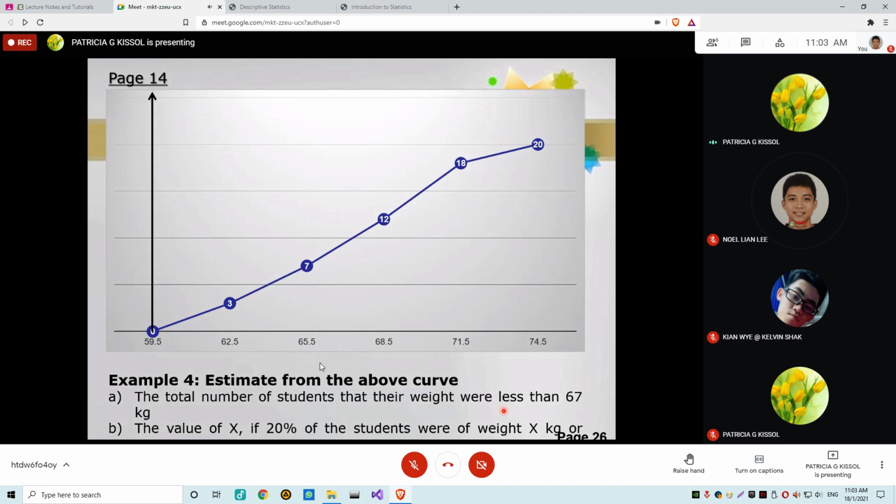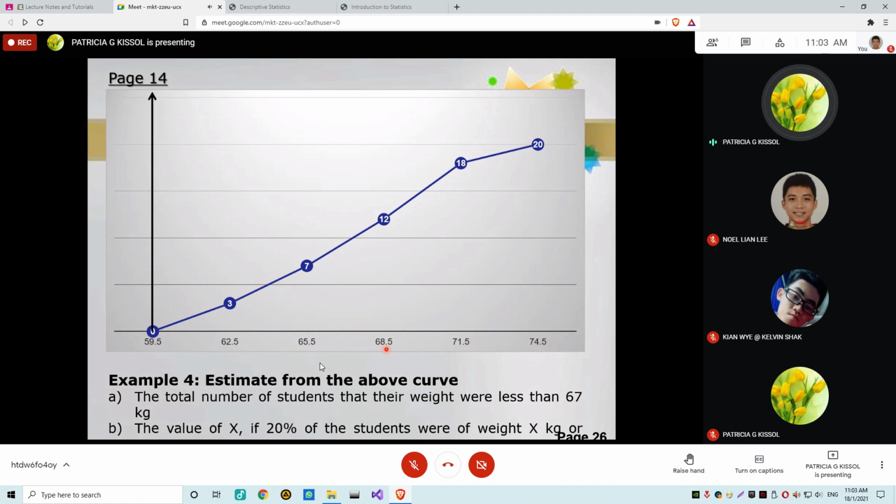From this example, the total number of students whose weight was less than 67 kg: you need to refer to your x-axis. 67 kg is somewhere here, because 65.5 to 68.5.